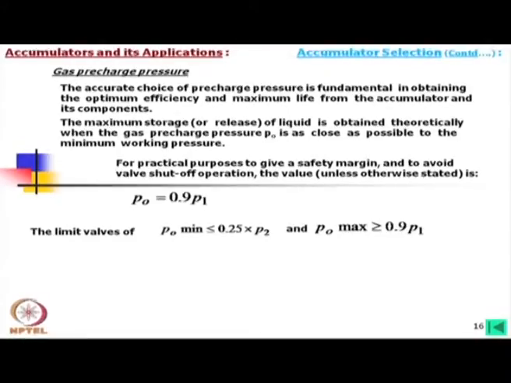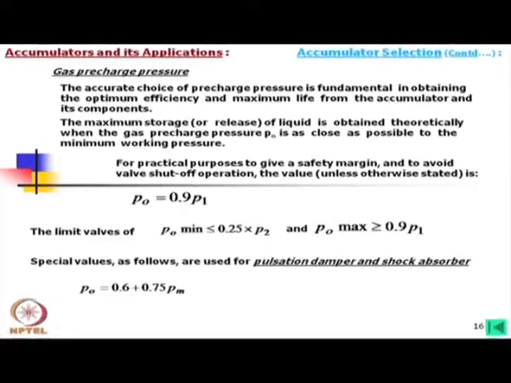At one point we have shown P2 by P0 is equal to 4. So, from this relation and the above relation, looking into these working pressures, we can determine what the P0 should be, in between this and this.